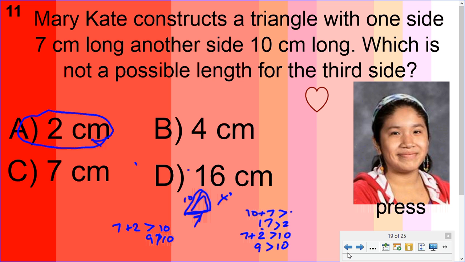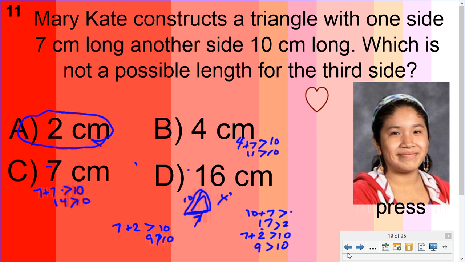If I take 7 plus 7, that'll give me 14. And that's greater than the 10. If I took 4 plus 7, that's going to be 11, and that's greater than the longest side, 10.